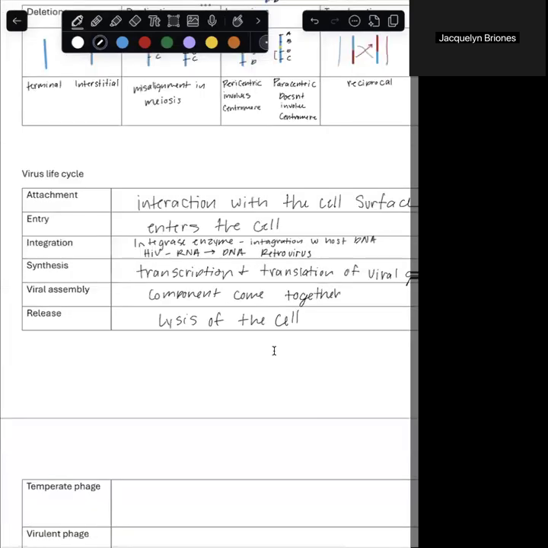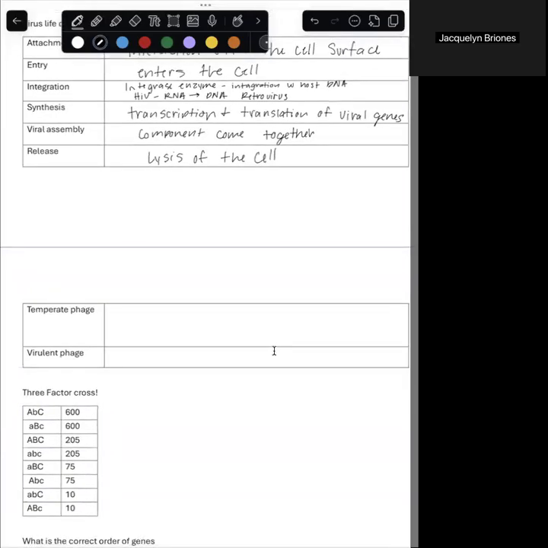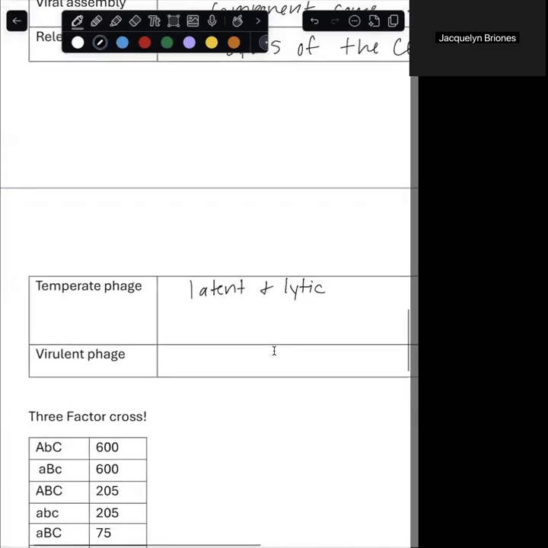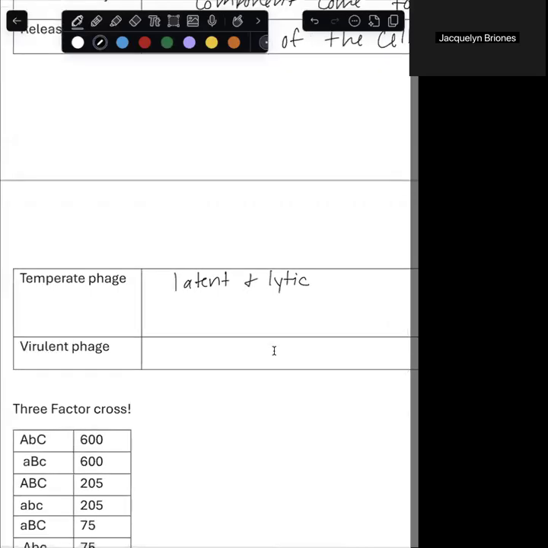Which brings me to my next point. We have a temperate phage and a virulent phage. A temperate phage has both latent and lytic cycles, and a virulent phage only has lytic.